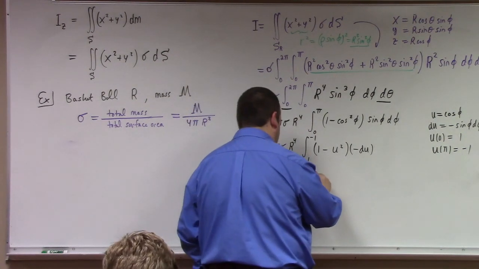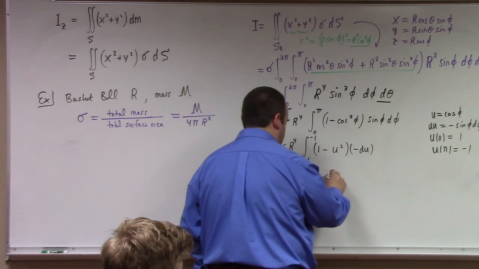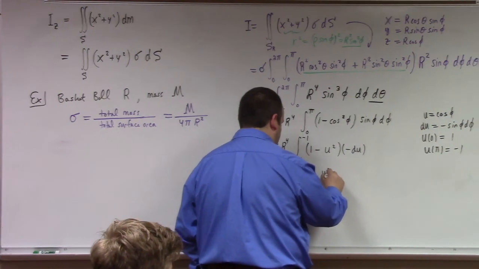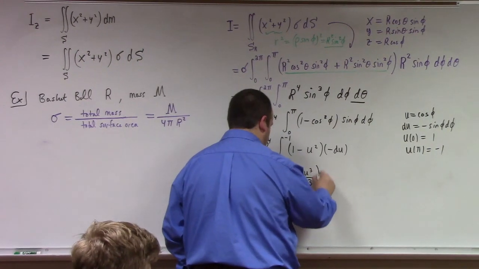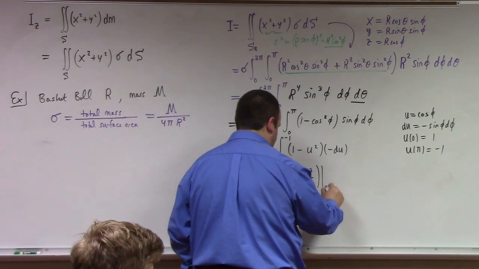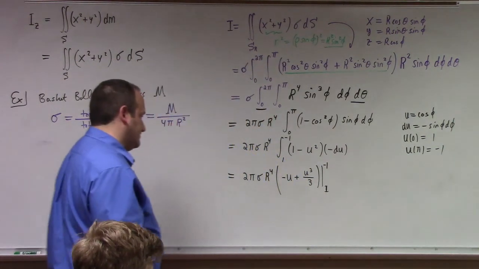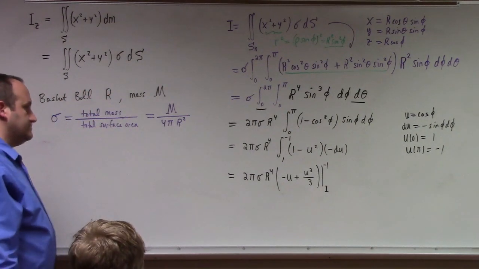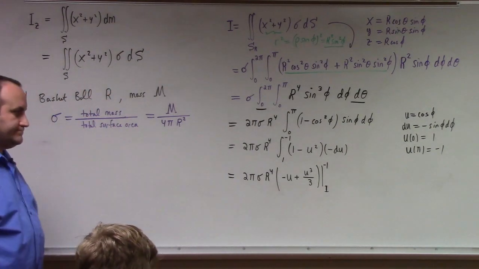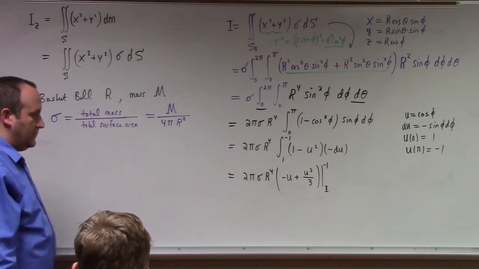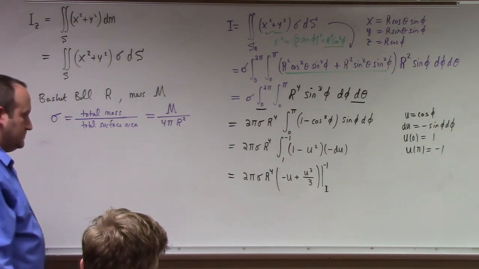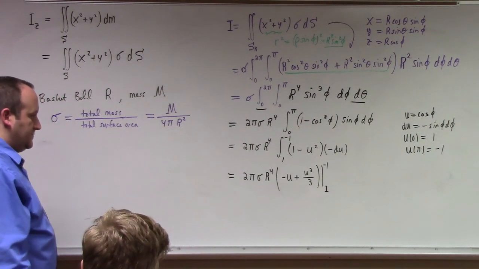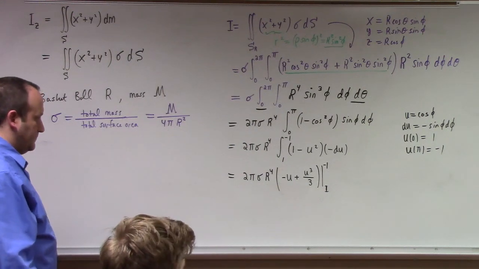Great. So we've got minus u plus u cubed over 3, evaluated from 1 to minus 1. Which gives me what? Two-thirds minus a minus two-thirds.